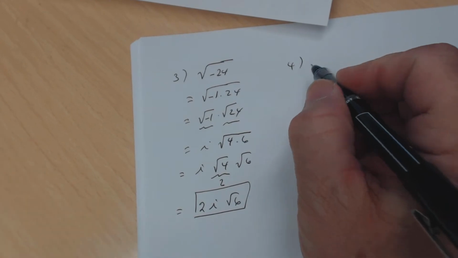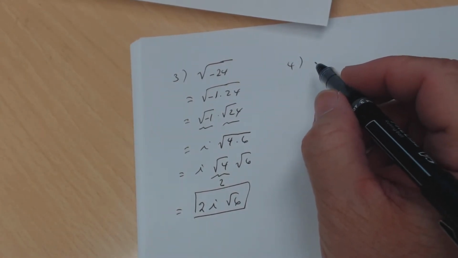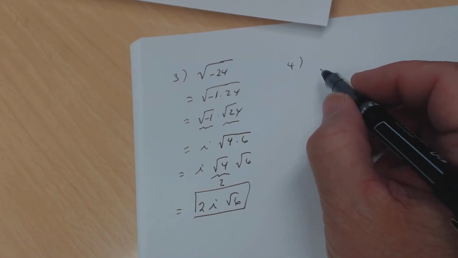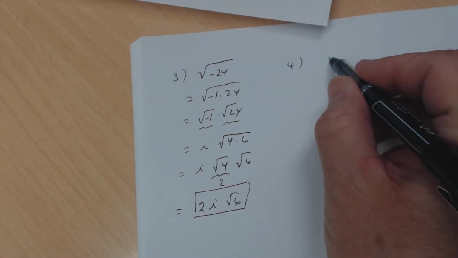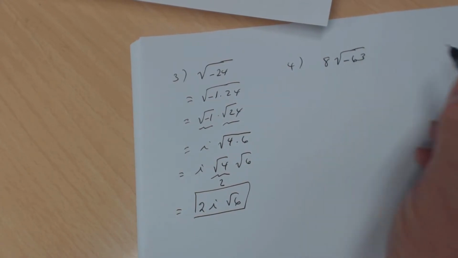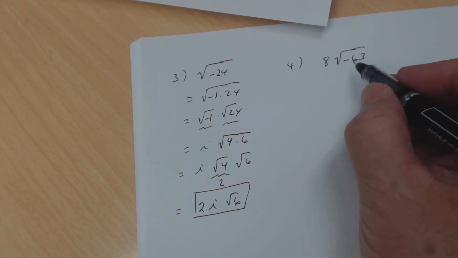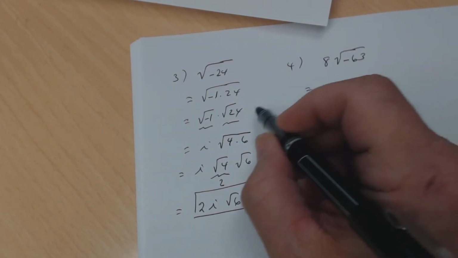All right, number 4. Suppose we had 8 square root of a negative 63. Again, we're going to do it just like this.